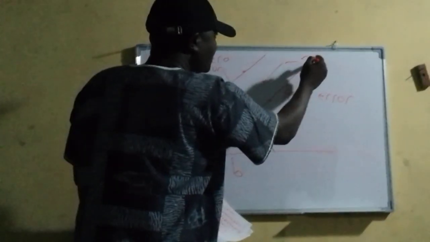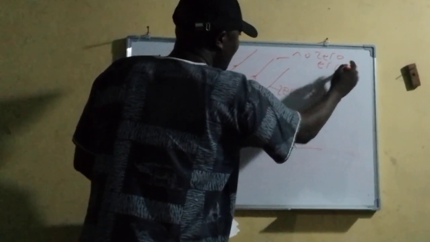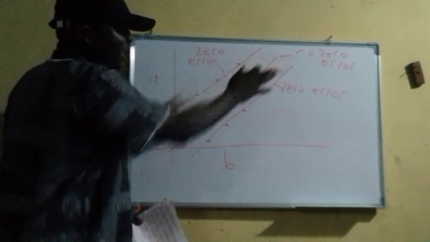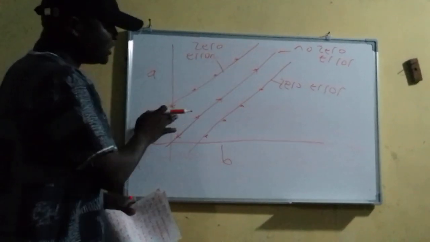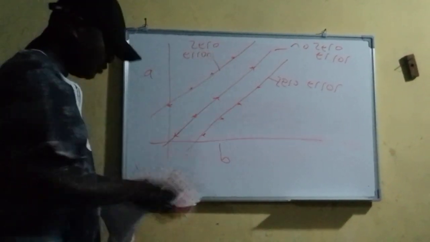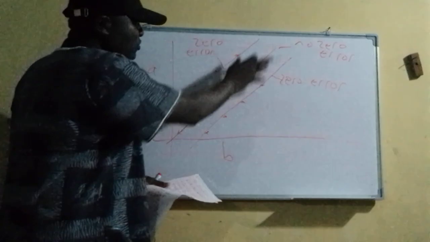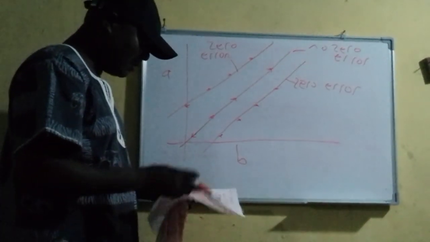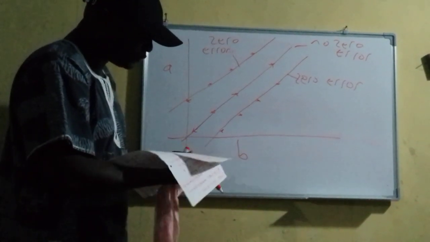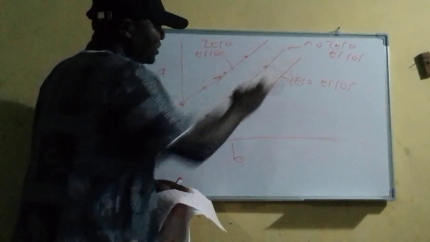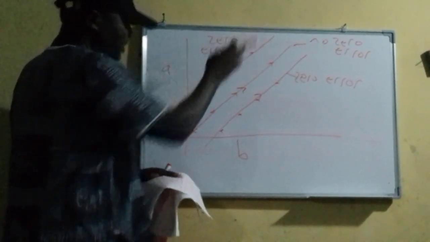Here there's no zero error, so this graph and that graph are parallel. All the measurements have been shifted by an equal amount in one direction. Perhaps here there's a positive zero error. These are the effects of a systematic error. It shifts measurements away from the true value by an equal amount in one direction. If there's no zero error, the graph passes through the origin. But if there's a negative zero error, the graphs are parallel. With a negative or positive zero error, all the measurements have been affected by an equal amount.